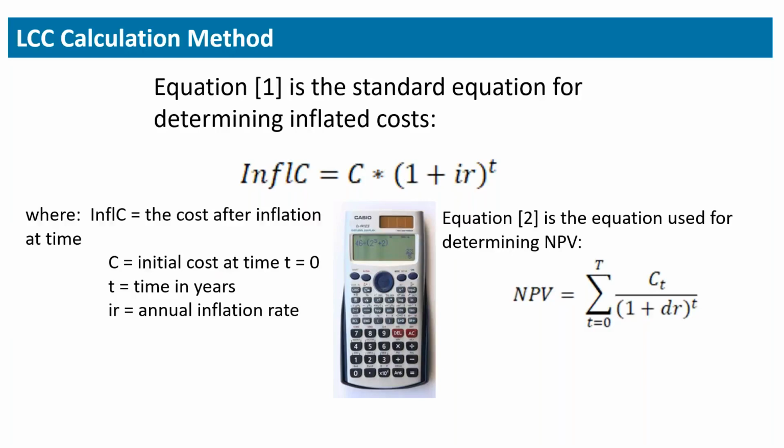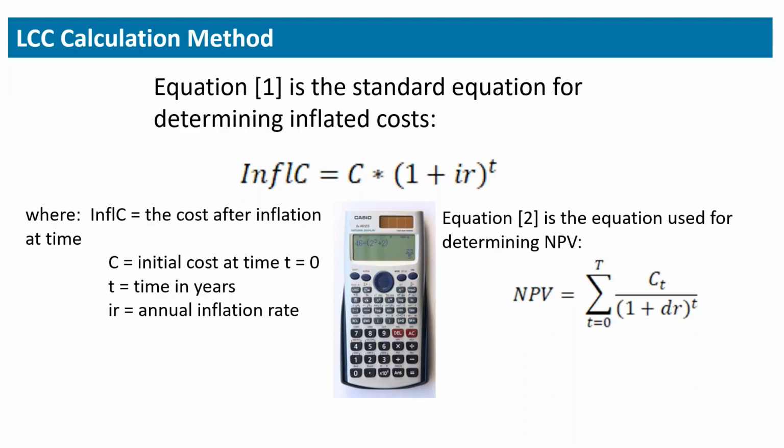So when you use the LCCC calculation method of the ASTM standard, what you're going to do is apply two equations. This is why we had Scott, and I'm not going to go too deep because my MBA only carries me so far. But basically, what you've got to do is figure out, you have to determine the inflated costs of all the activities that have to occur during that period of years that you've identified for conducting your analysis.